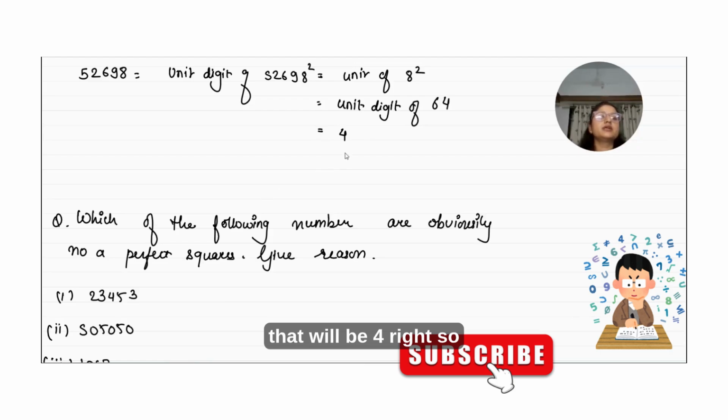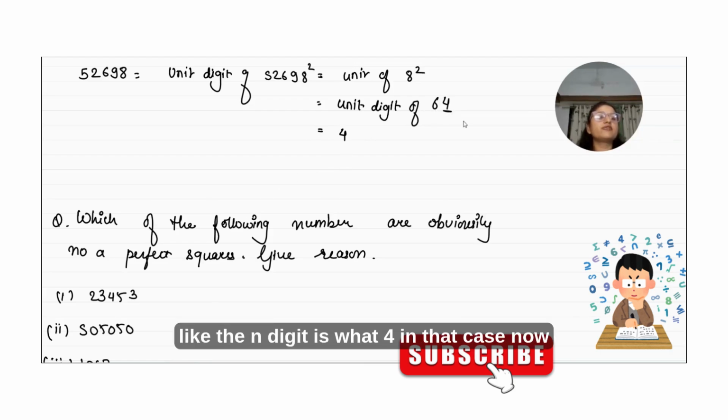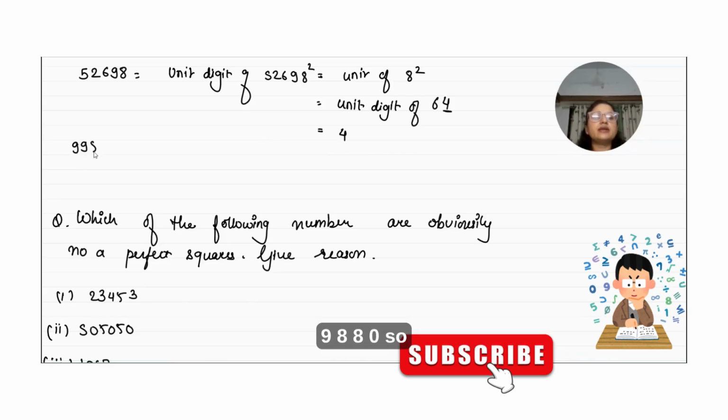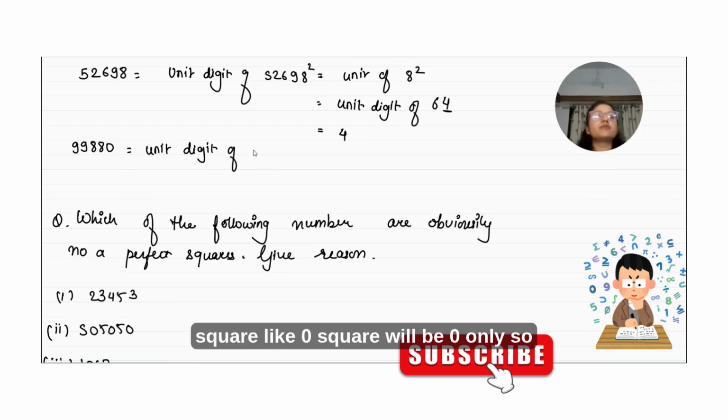Now taking another example, 99880. The unit digit is 0, and 0 square will be 0 only. So the answer will be 0.